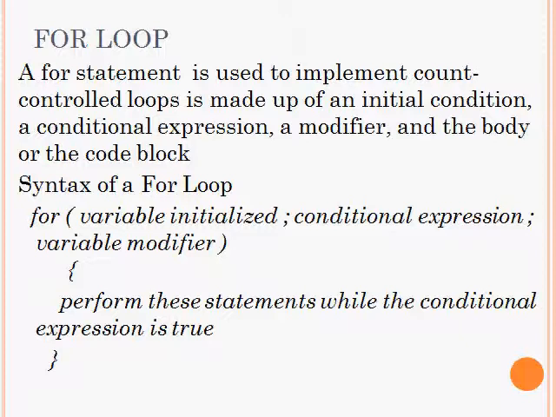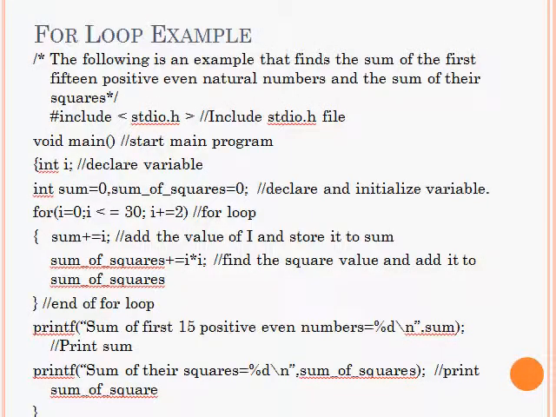Then after that we did an example of a for loop where we had a program that was supposed to find the sum of the first 15 positive even natural numbers and the sum of their squares.